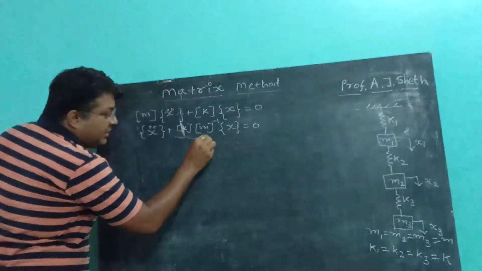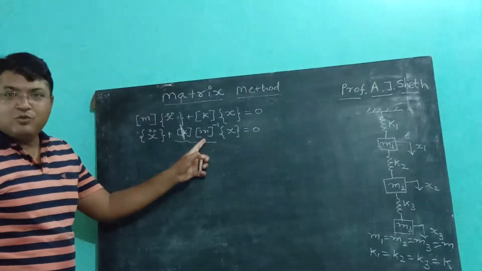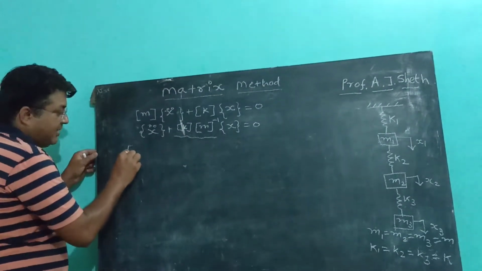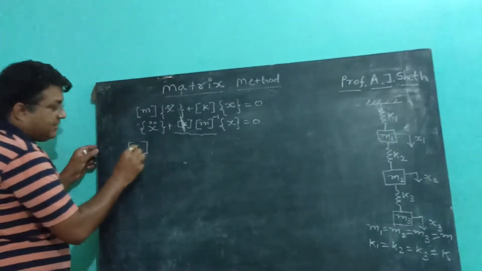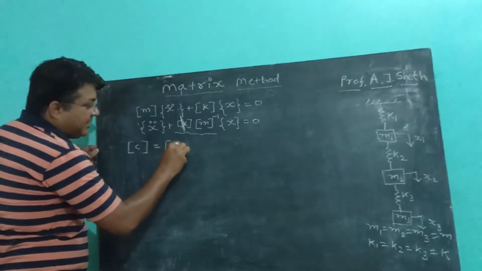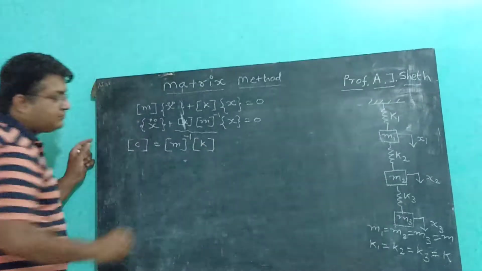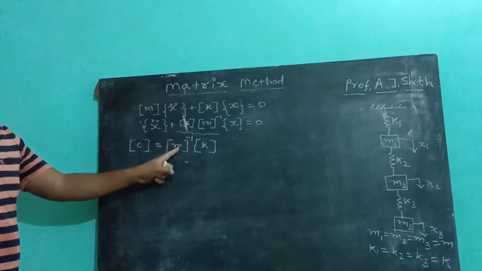So k into m inverse is now known as the dynamic matrix C, which is equal to m inverse k. So now let us find out m inverse.